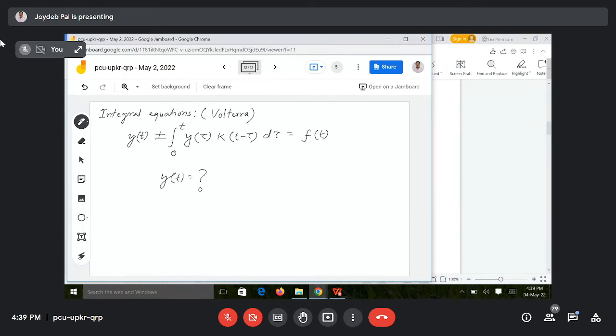Just as in an ODE we found y is equal to something, here also solving an integral equation of this form means we have to find y(t). Now I remember, k is called the kernel. The name doesn't matter right now, it is just a function, and knowing that is enough.